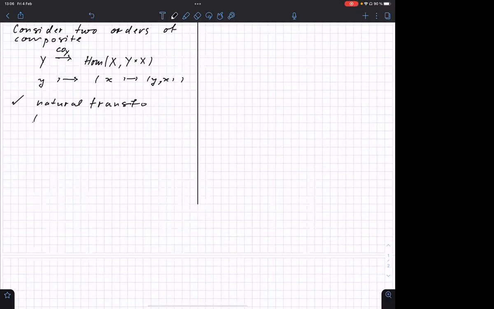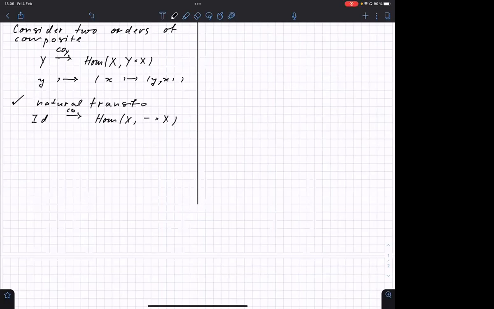So you can check this is a natural transformation from the identity on set to the functor which is Hom from X into blank cross X. So in that blank, I can put any other set. And I'll call it co for co-evaluation.